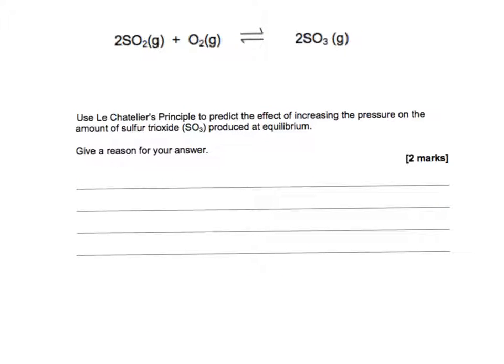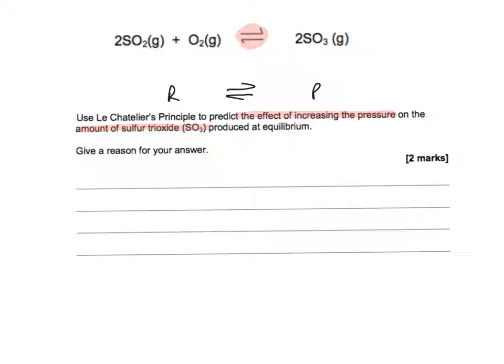Now, this one isn't about changing the temperature, so let's read what the question is here. I've got the same reaction, it's reversible, sulfur dioxide into sulfur trioxide. My reactants here, and my products here. But this time we're predicting the effect of increasing the pressure on the amount of sulfur trioxide produced.